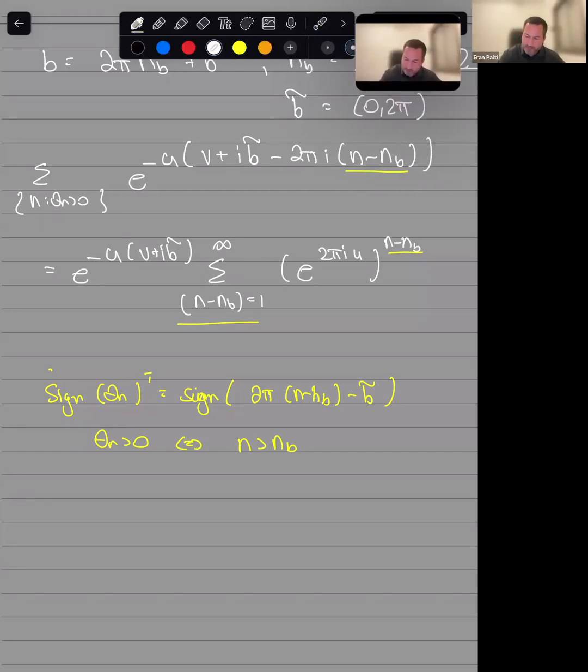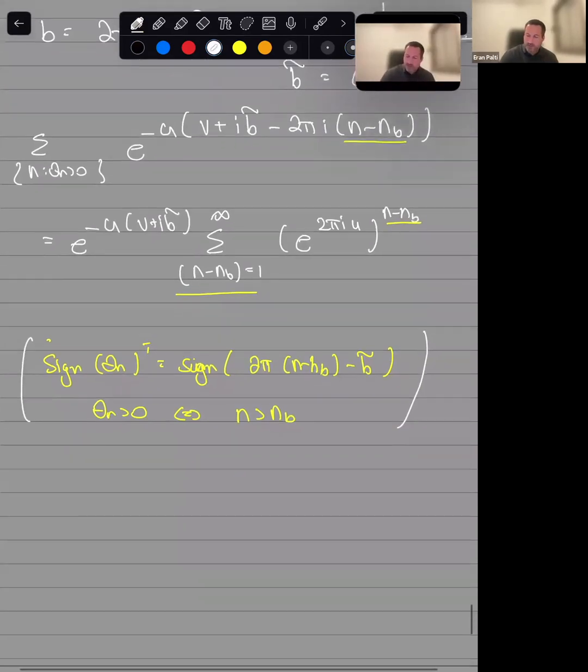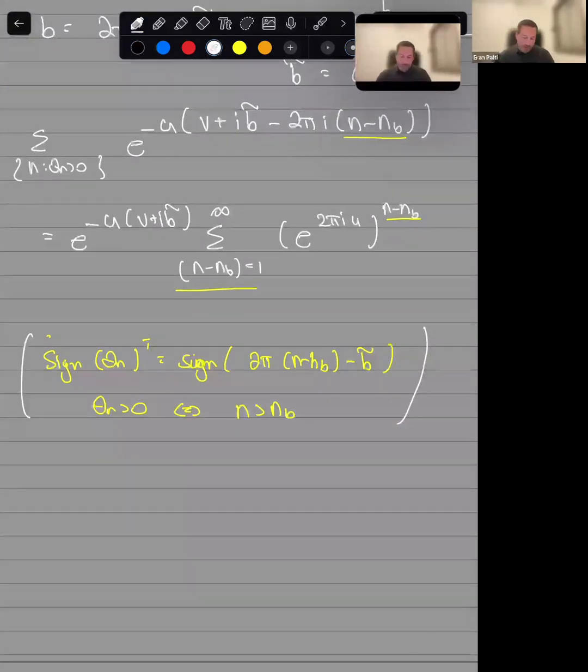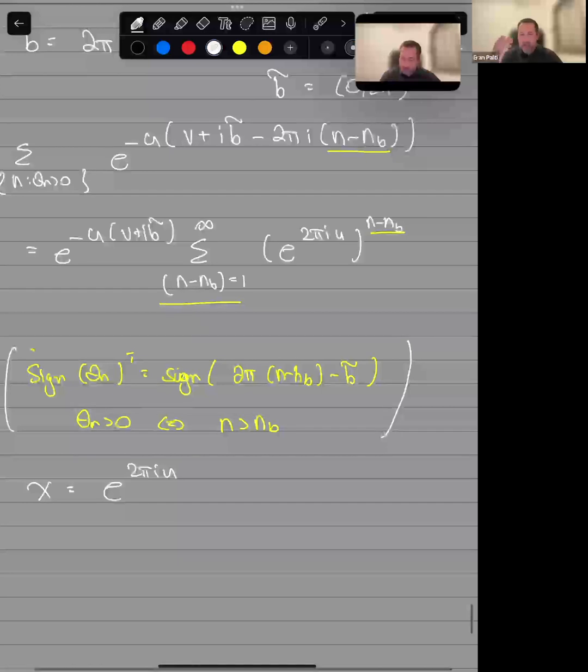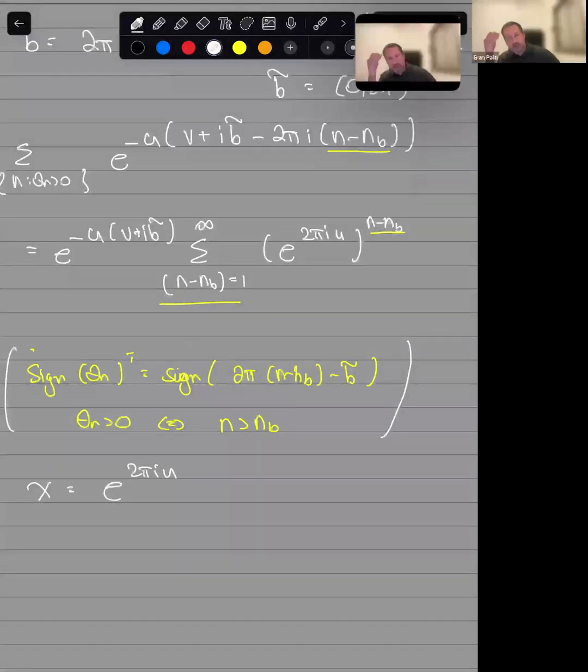Okay. So we just wrote the sum over theta n there. And now we can do this. This is just a geometric series. So we define chi as e to the 2 pi iu. And one can check that this series is convergent.